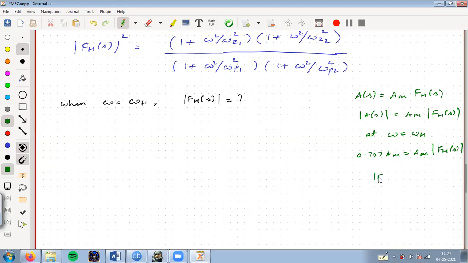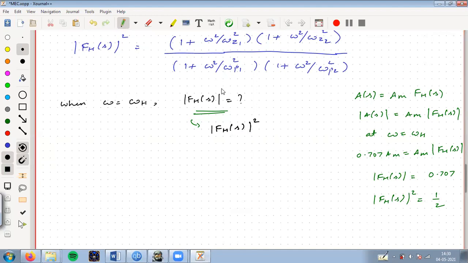so 0.707 Am is equal to Am into fh of s. So fh of s equals 0.707, which is actually 1 by root 2. So fh of s whole square will actually give half.